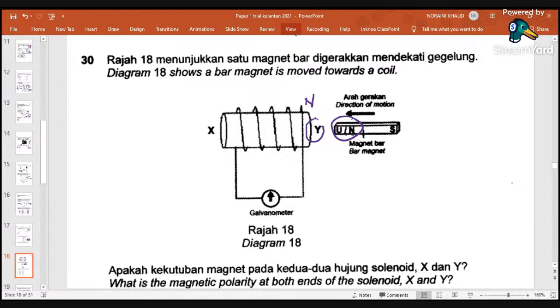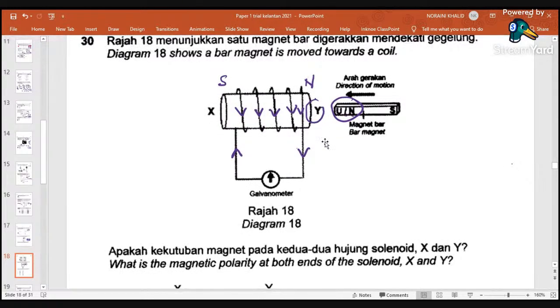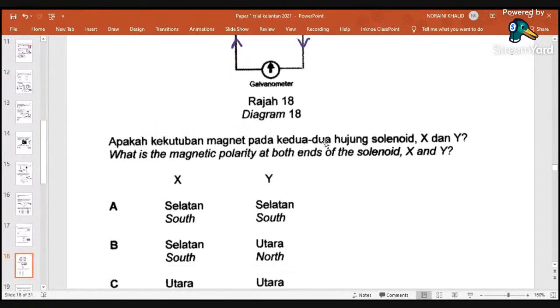Then, if you know this one is north, meaning here is south, apply the right hand grip rule for the solenoid. Your thumb points to the right, because north is at the right side, and the 4 fingers go back to front. So this is the direction of current in the coil. So for polarity, X will become south, Y is north.